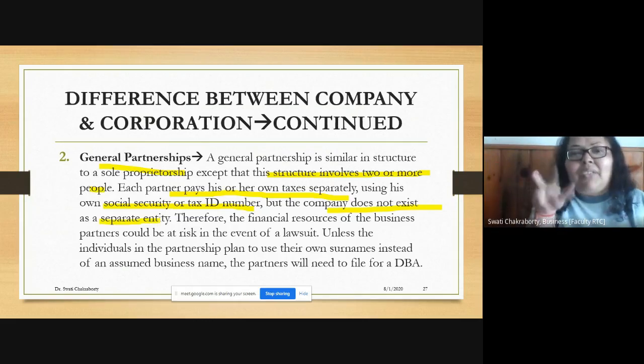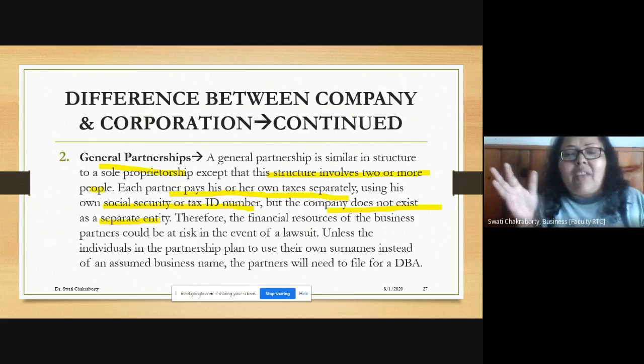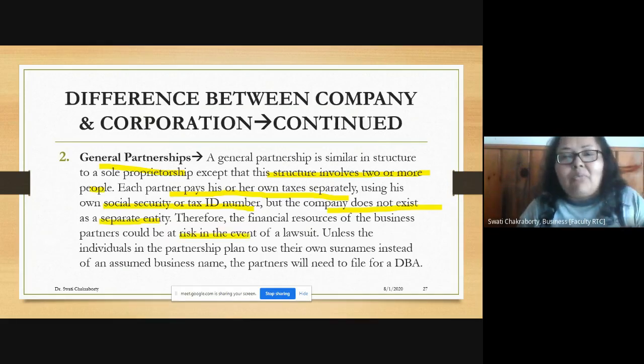It's under the names of these two or three persons. The financial resources of the business partners could be at risk if there is a problem with the business. And what happens if any of the partners passes away? If they pass away or if they leave, the business ends.